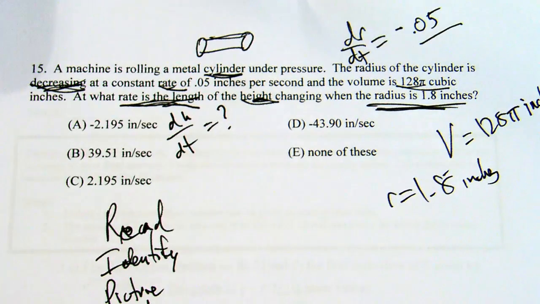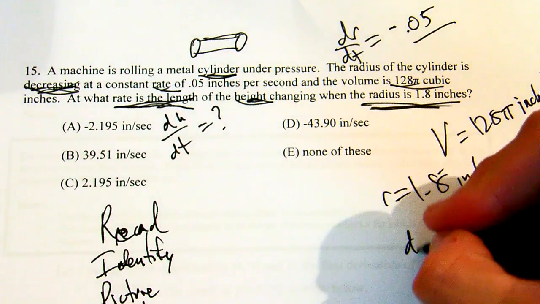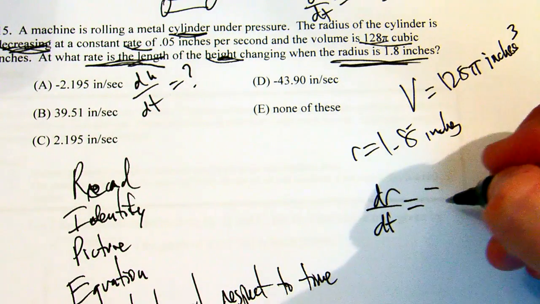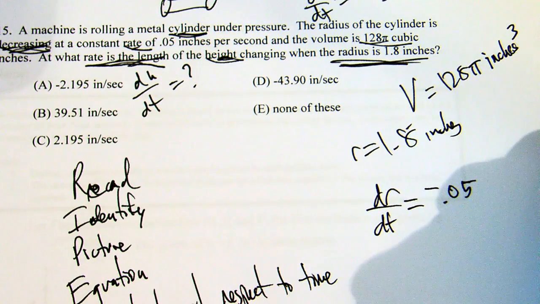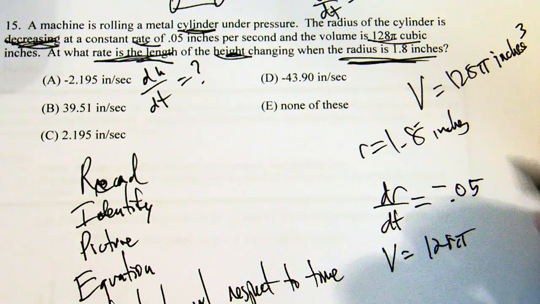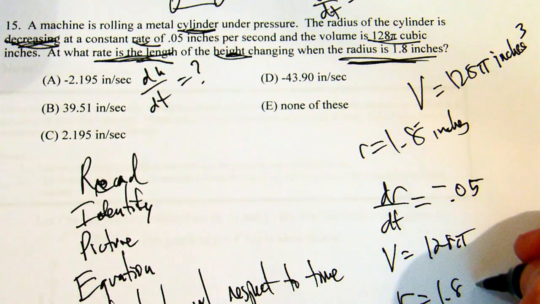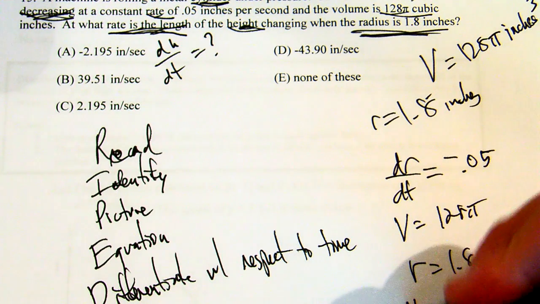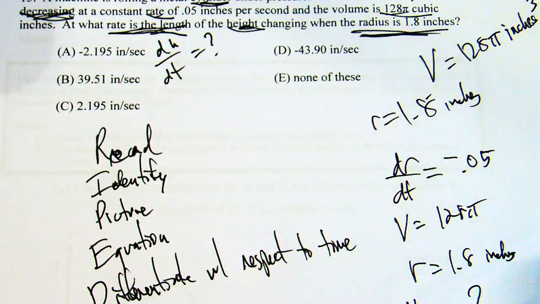So I've identified a few things here. I know that dr/dt is negative 0.05, V is 128 pi, r is 1.8 inches, and I'm trying to find dh/dt.